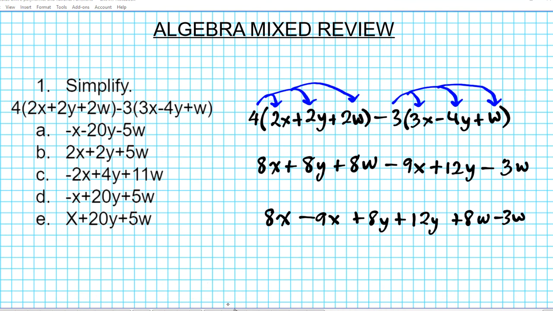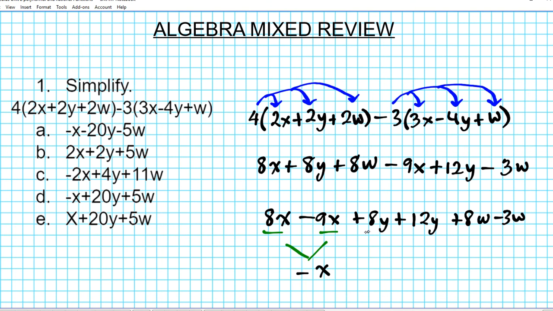Alright, so let's go ahead and combine them. We have 8x and 9x. You subtract the coefficients, that's going to be negative x. So combine these two together, you get negative 1x, or it's just negative x.